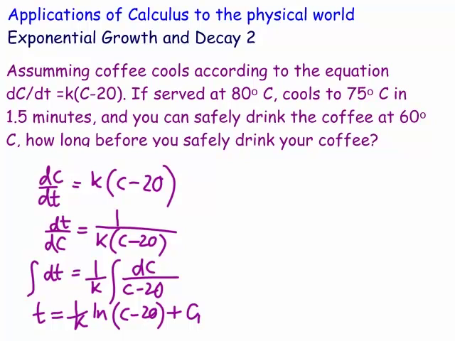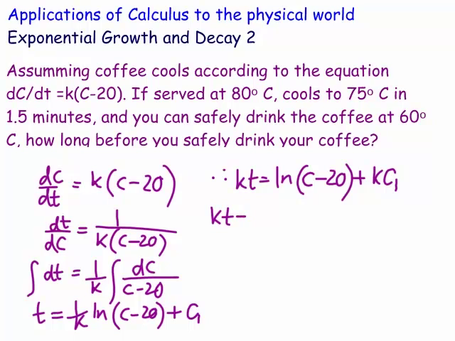Now, therefore, kt is equal to ln of (C minus 20), where C is the coffee's temperature, plus kc1. Then we put the kc1 on the other side, so we get kt minus kc1, the constant of integration, equals ln(C minus 20).